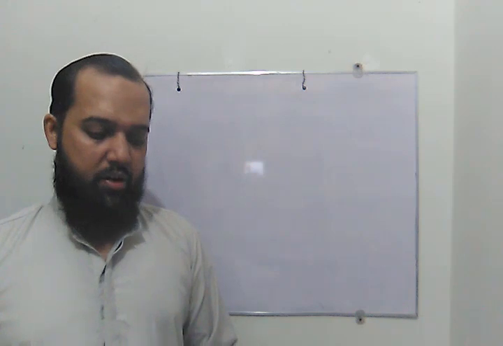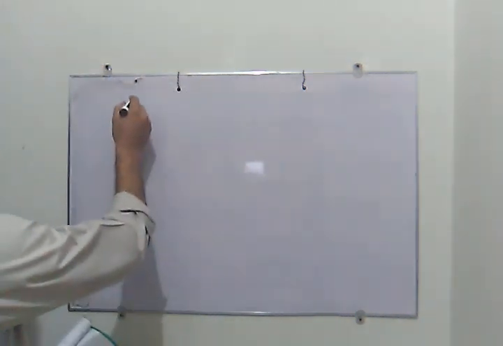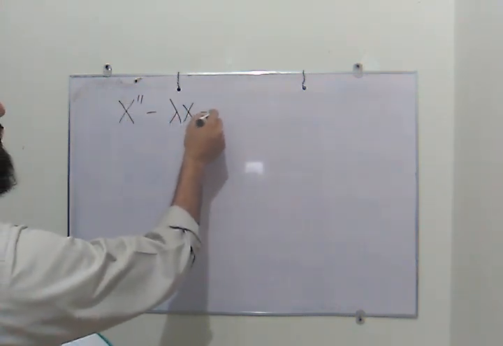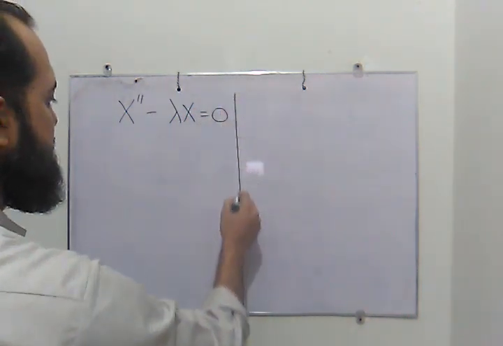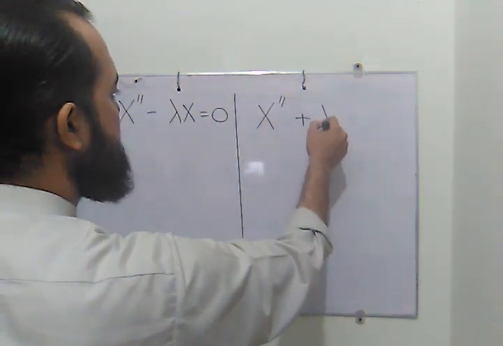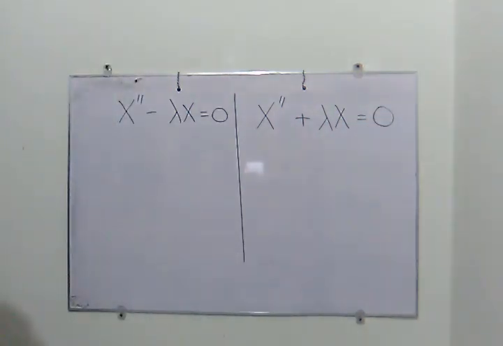These are the second order homogeneous linear differential equation of the form... These two important differential equations need to be understood before we apply the method of separation of variables.